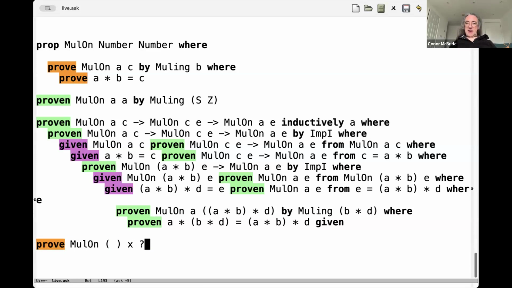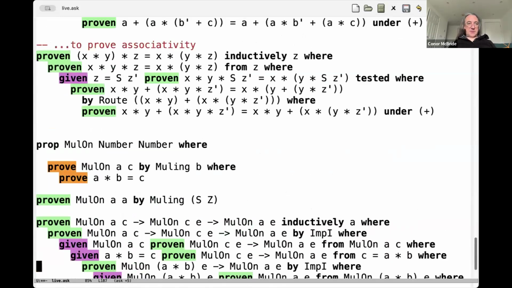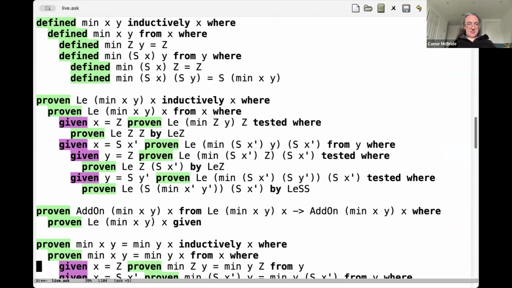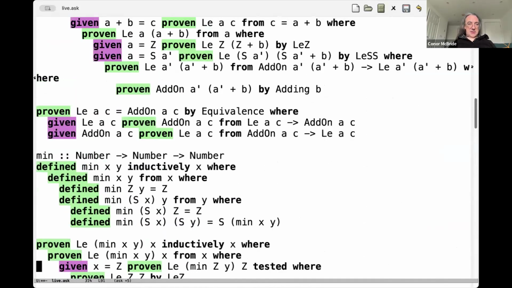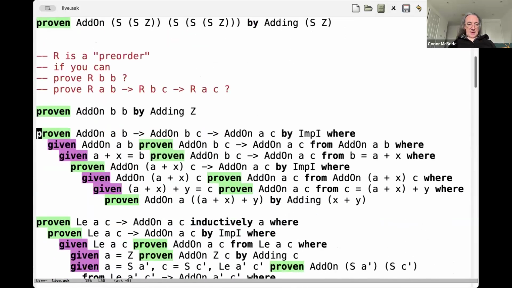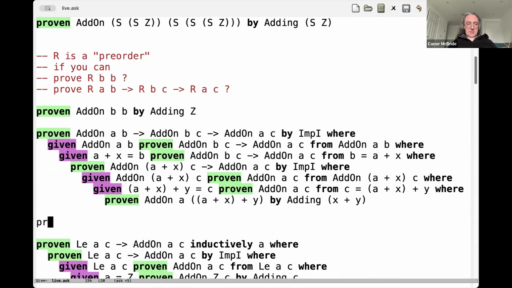What's the lowest thing in the Mull-on order? Right. We could do it with add-on as well, right? It is the case that up here we proved it was a preorder, and it's got a bottom element, because you can get from 0 to anywhere, right?